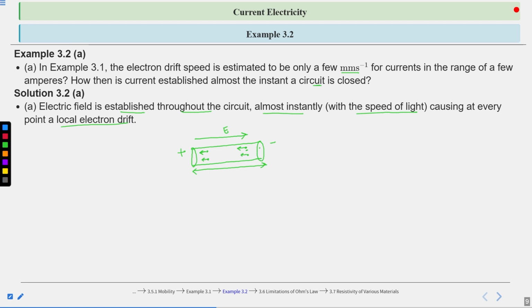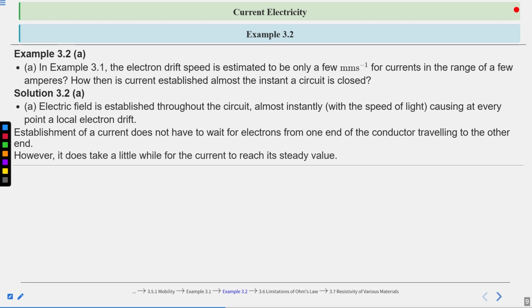So local drifts happen in this region, due to which all the electrons experience force at the same time. So current will get established. This is the mechanism. Current is not due to a single electron at that end; it is due to all the electrons present in the conductor.